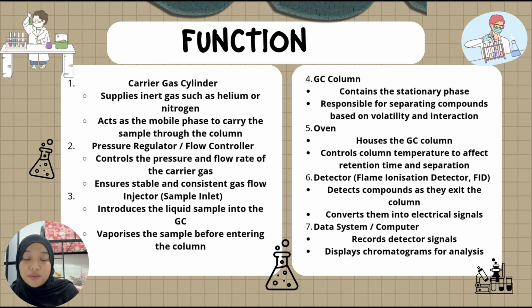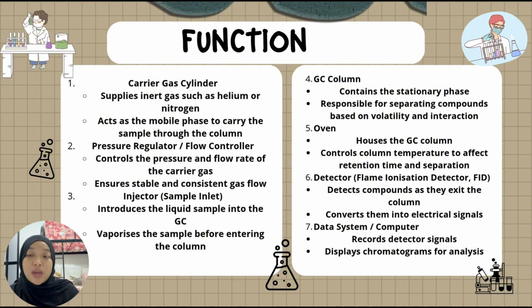Number 3, we have the injected sample inlet, which introduces the liquid sample into the GC and vaporizes the sample before entering the column. The number 4, we have a GC column, which contains the stationary phase, responsible for separating compounds based on volatility and interaction. Number 5, we have the oven, which houses the GC column and controls the column temperature to affect retention time and separation.